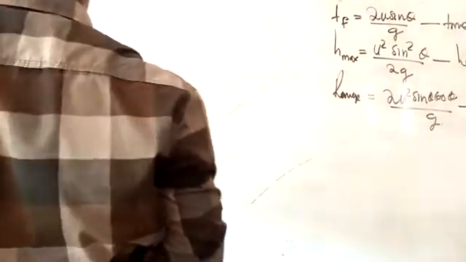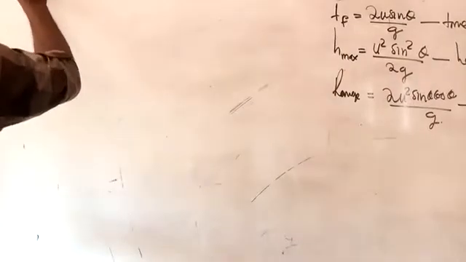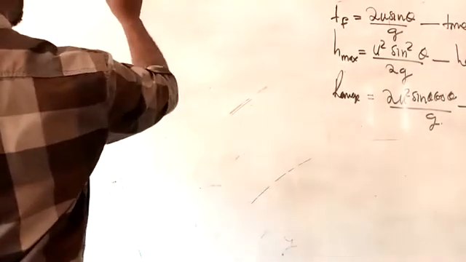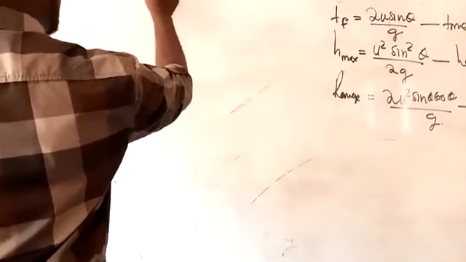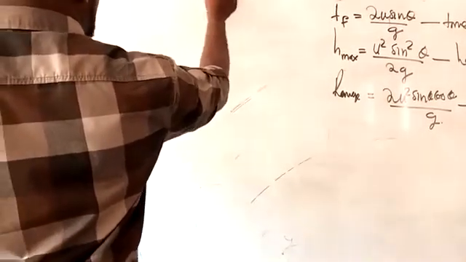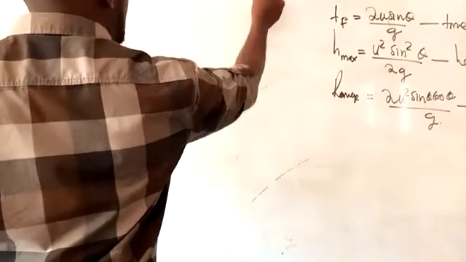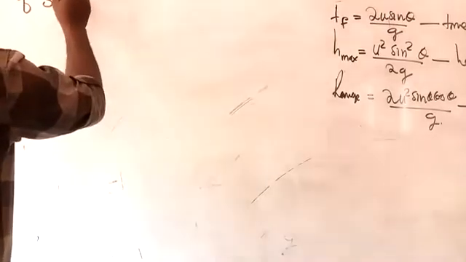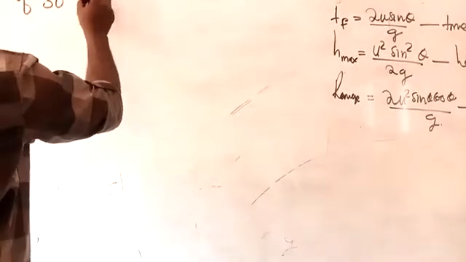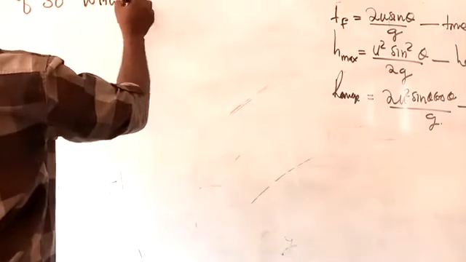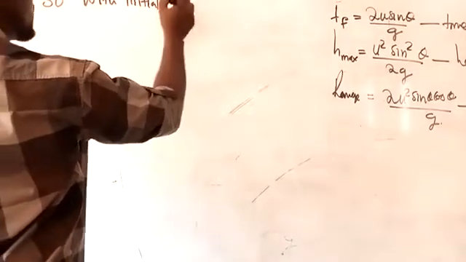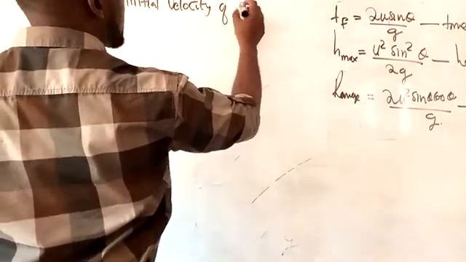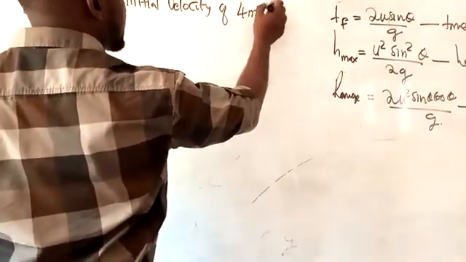The example is that an object is projected at 30 degrees, with initial velocity of, let's say, 4 meters per second.